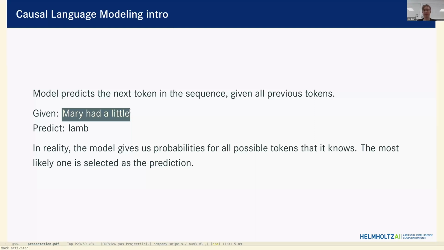And the model, just by looking at enormous amounts of data, can figure out that maybe we most often see the sentence "Mary had a little lamb," but it can also be that Mary had a little dog or whatever. That's how it assigns these probabilities to its predictions, by looking at a bunch of things and making sure that it says the right thing most of the time. It doesn't need to be always. That will just blur out over the training.